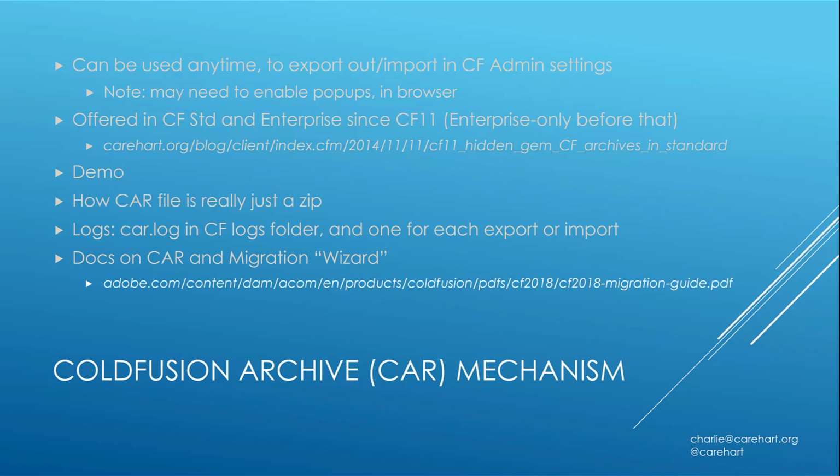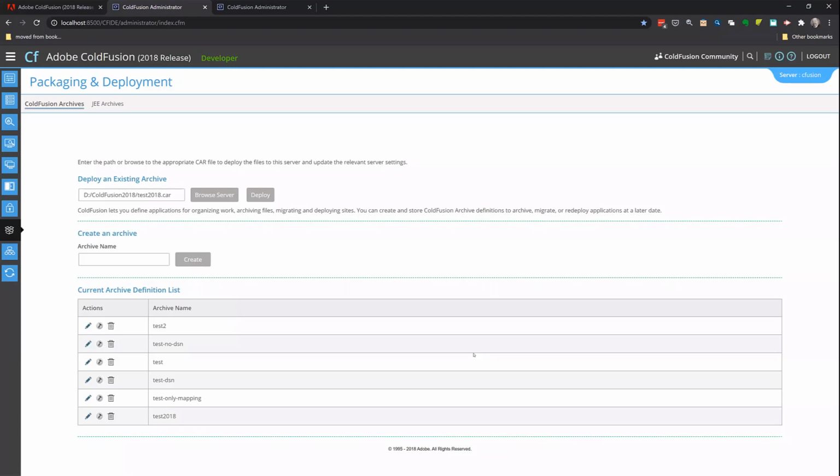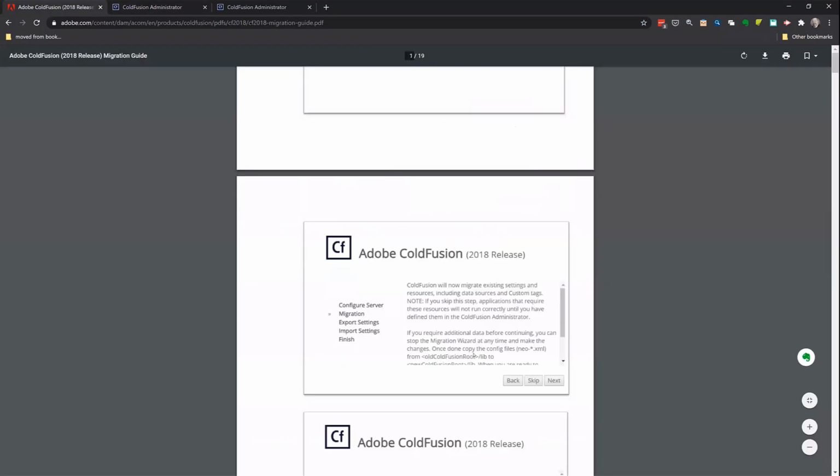Now, here's the thing. This migration guide, you guys know from this talk, the description, the announcement, it was only about admin settings. You wouldn't expect it to be about how do I migrate from one version of ColdFusion to another. Well, this guide called the Migration Guide, I'm sure a lot of people expect it to be something that talks about how to migrate from one version to another. This is it.